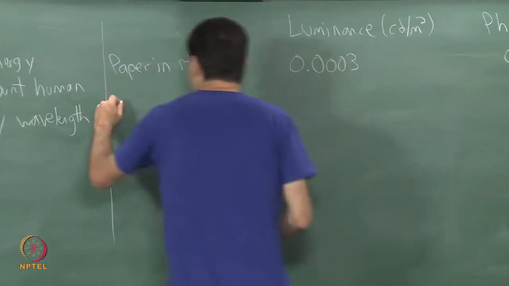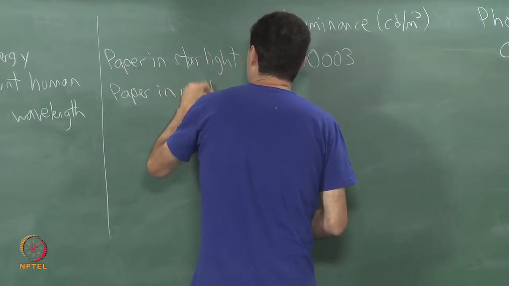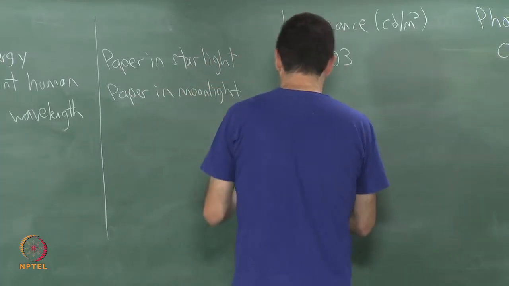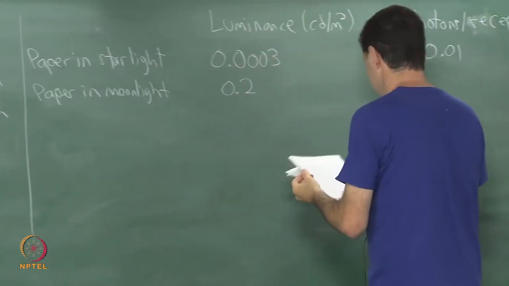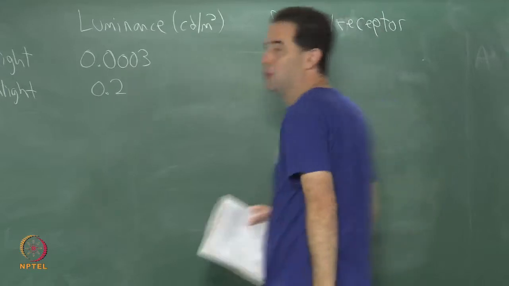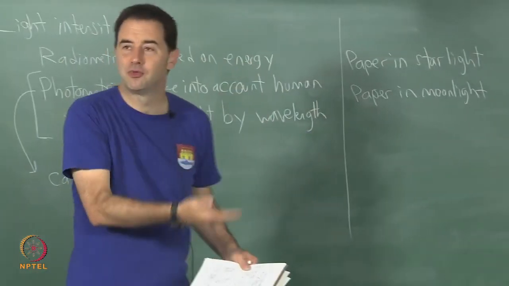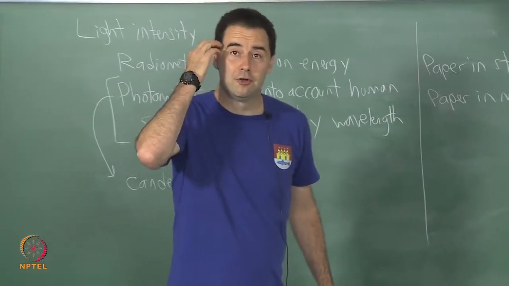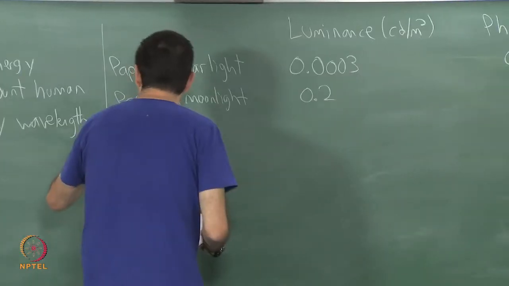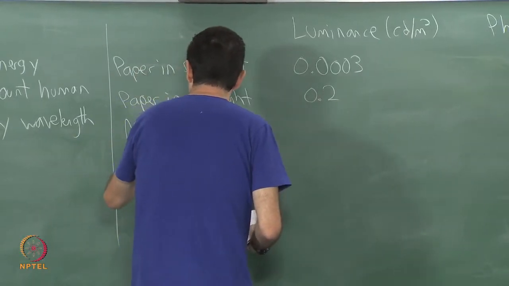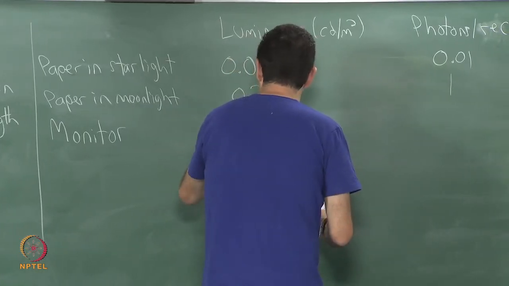And then we have paper in moonlight. This goes up to 0.2, and you get about 1 photon per receptor. So I just want to illustrate the enormous range over which your photoreceptors seem to be useful. Looking at a computer monitor, this is about 63 candelas.